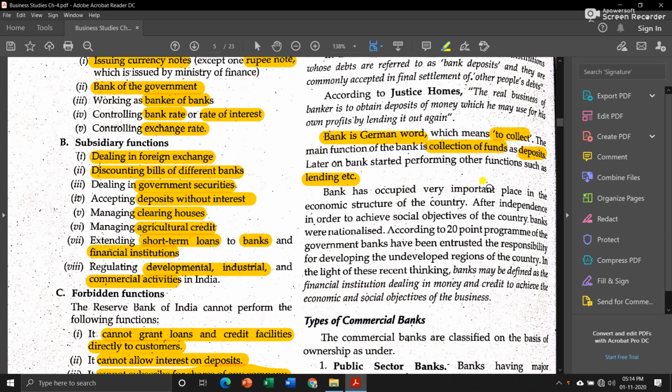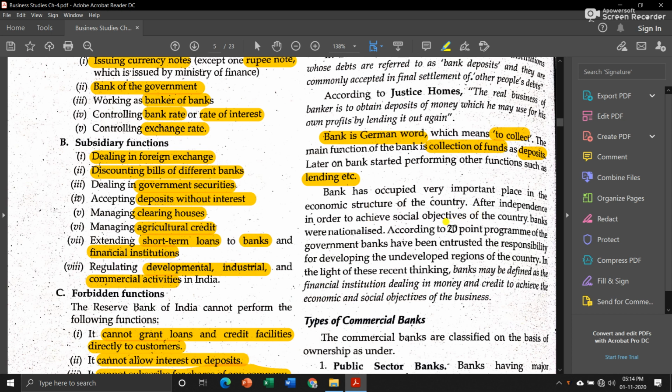Bank has occupied a very important place in the economic structure of the country. After independence, in order to achieve social objectives of the country, banks were nationalized. Earlier, banks were private banks, and their main motive was to earn profit only. But because the economy of the country was declining, the government nationalized some banks to bring social development.